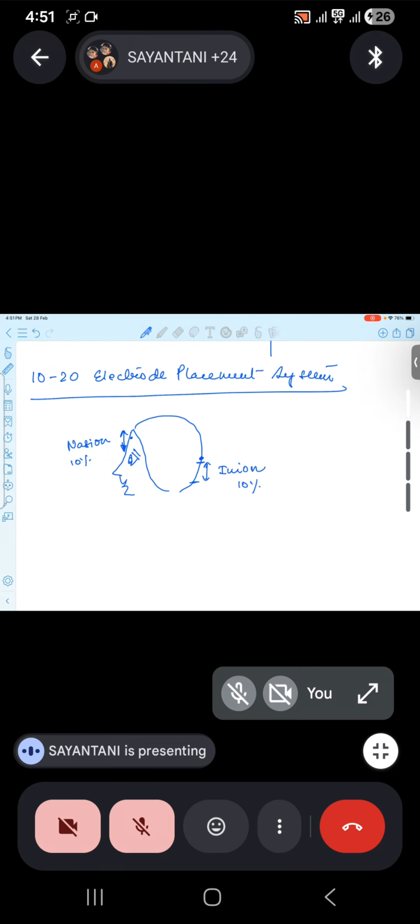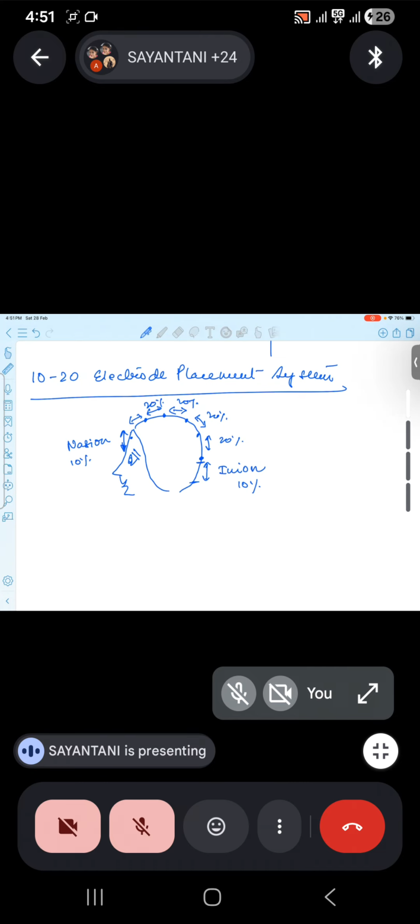The rest of the electrodes which you are placing on the scalp, that has to be 20% of the entire distances. So the gap has to be 20% of the entire distances. So this is 20, 20, 20. Everything is going to be 20. Only in the Nasion region it has to be 10% and Inion region it has to be 10%.